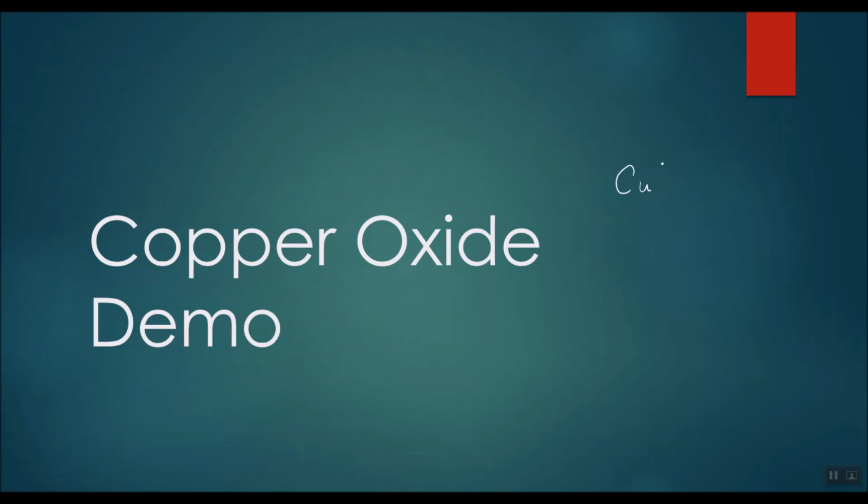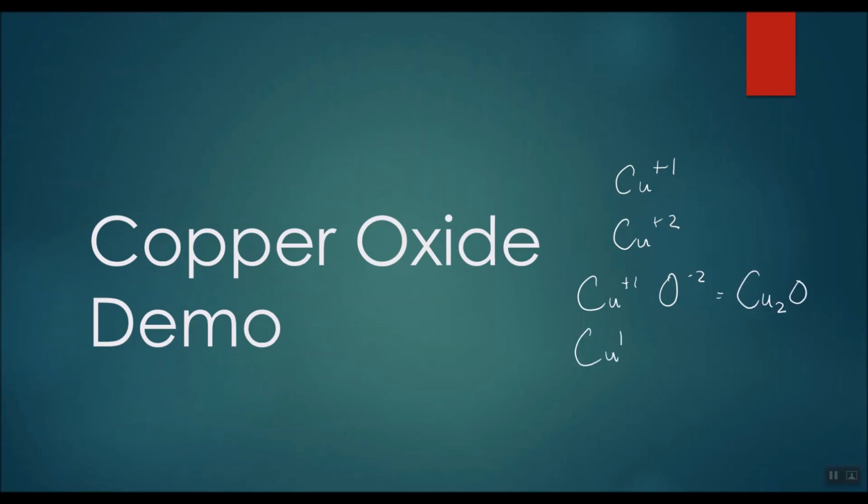Now, as you all know, copper comes in two forms, either copper +1 or copper +2. Depending on which form we're using, the chemical formula is going to be different. For example, if it's copper +1 reacting with oxygen, then it's going to be Cu2O.